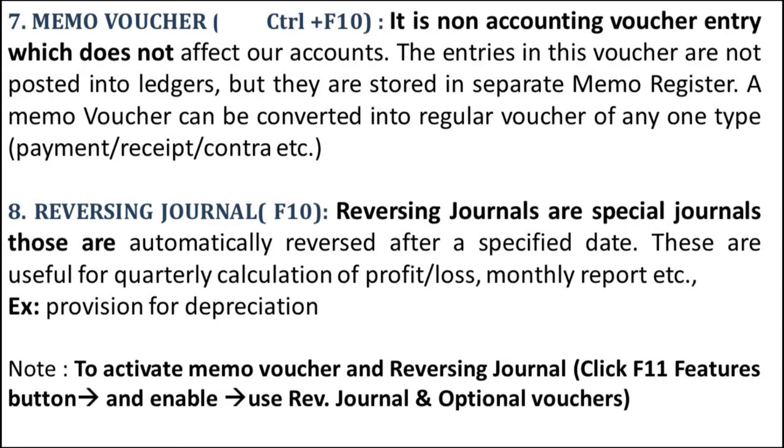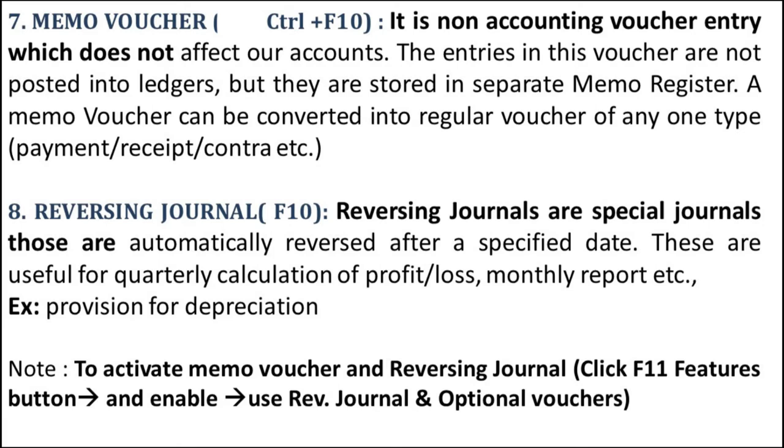Next one is memo voucher, and the shortcut key is Control plus F10. It is a non-accounting voucher entry which does not affect our accounts. Remember, it is a non-accounting voucher and it will not affect our accounts.